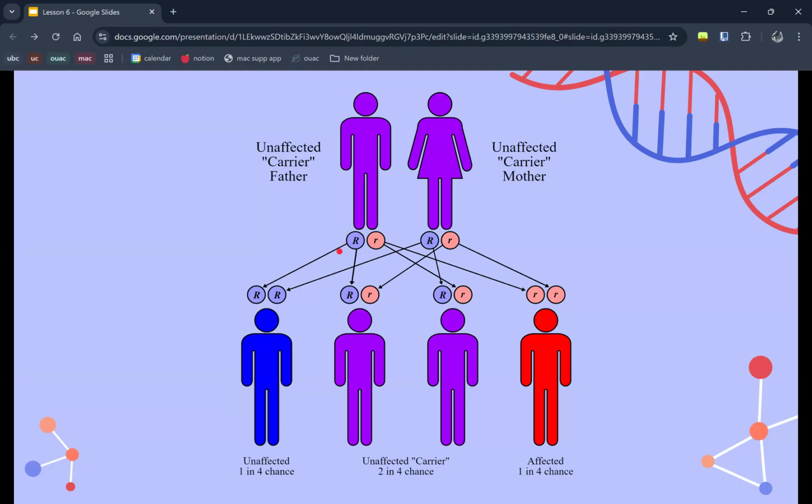Although they are unaffected, as they do have one dominant R also, when we cross all the possibilities of the children that they could have, there is a 1 in 4 chance that they will have a child with 2 recessive alleles. So the law of segregation basically just tells us that we need to look at all these possibilities of their alleles separately.